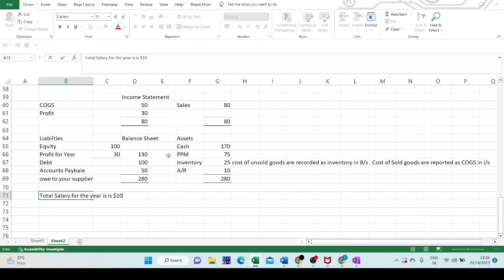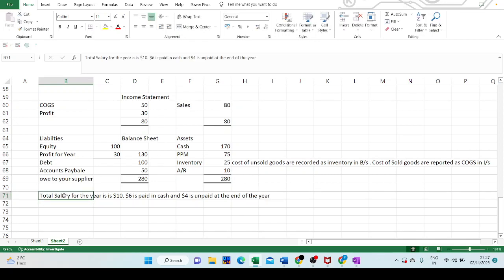This is what you pay your employees, and out of this $10 salary, $6 is paid in cash, and 4 is unpaid at the end of the year, right?